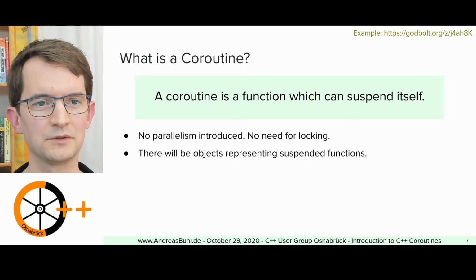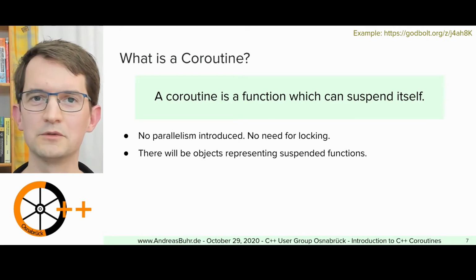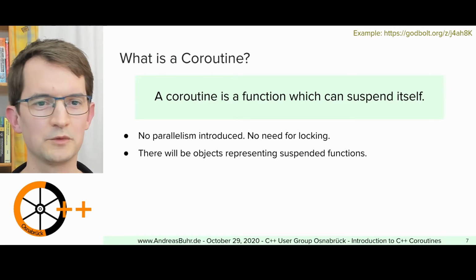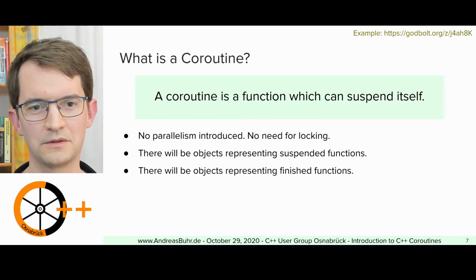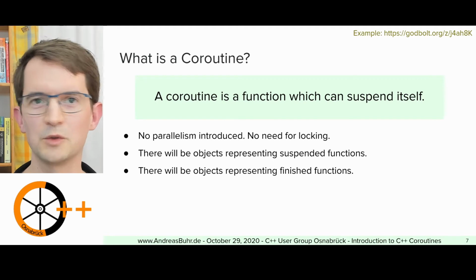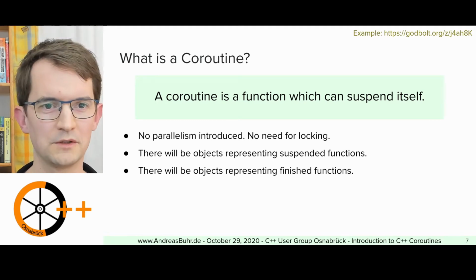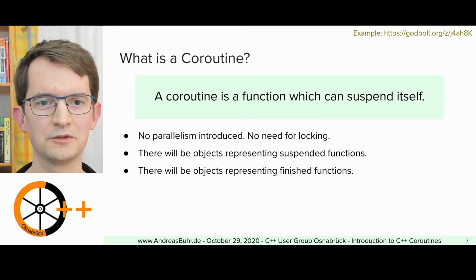So when a function is suspended, we need something to represent it, to talk to it. And at some point, the coroutines can run to an end, and then we will have these representation objects, and they will represent finished functions.